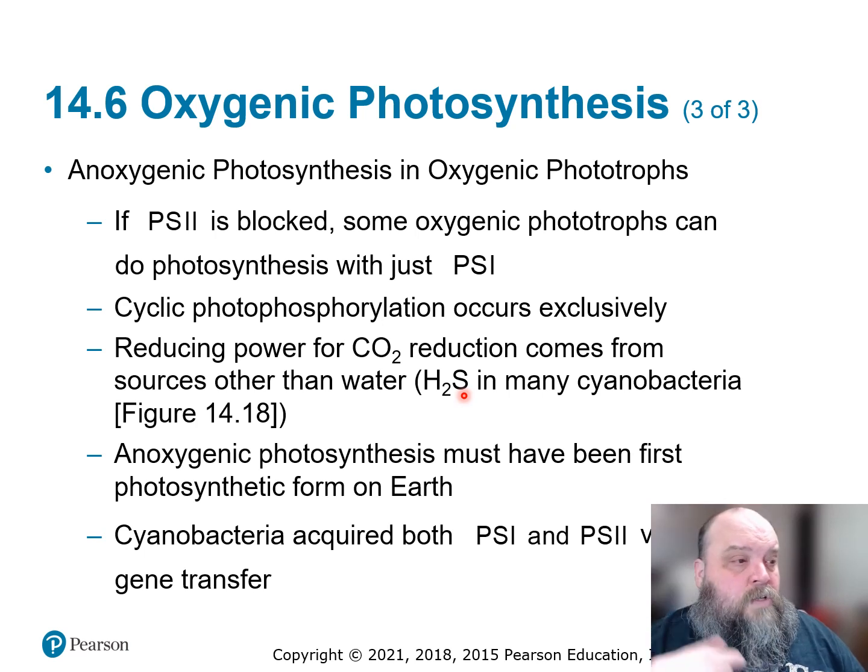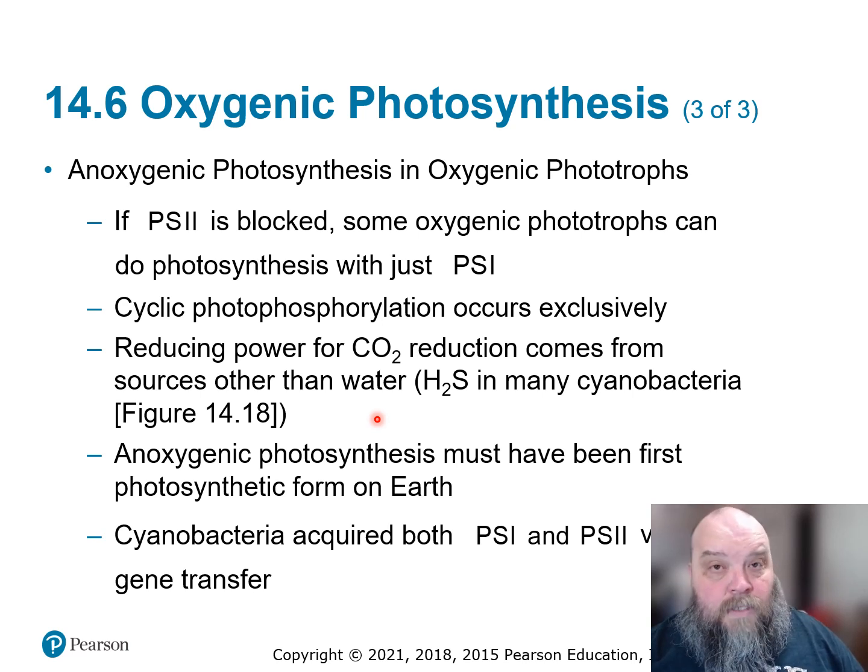So they use hydrogen sulfide, but they're still going to be using oxygen at the end of their oxidative phosphorylation steps that are occurring separate of this. So they are aerobic. They are doing photosynthesis, but they can be using hydrogen sulfide in place of water to replace their electrons.